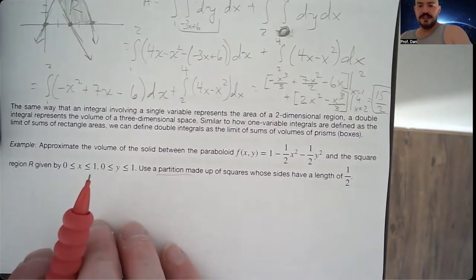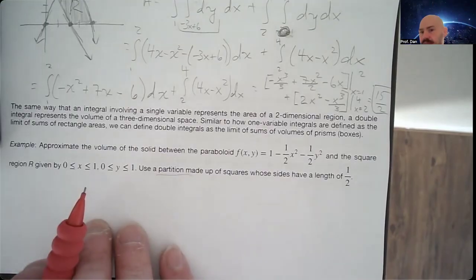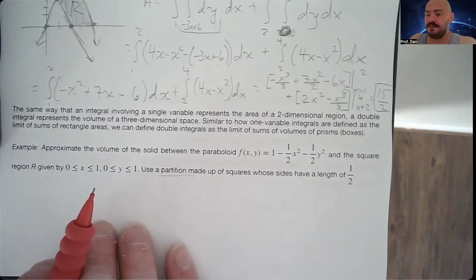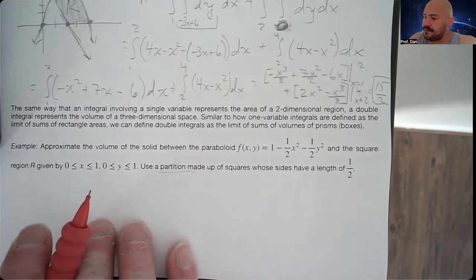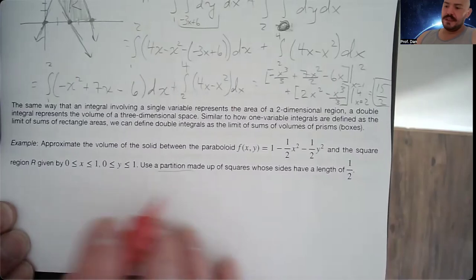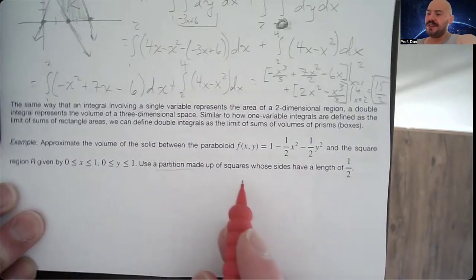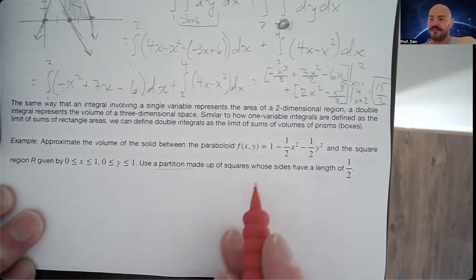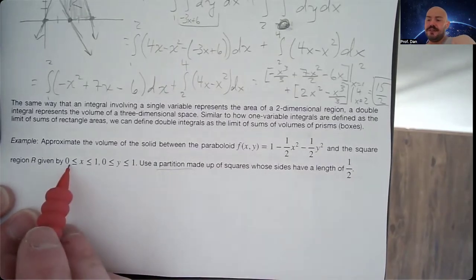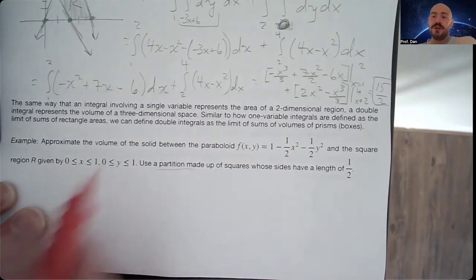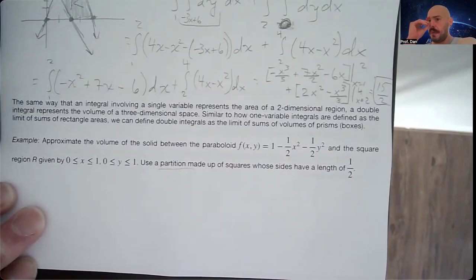It's really just telling you how to divide up the XY base part of it. So with that said, if I were to use squares whose sides have a length of 1/2, right? I would have a square where x is between 0 and 1/2 and y is between 0 and 1/2.